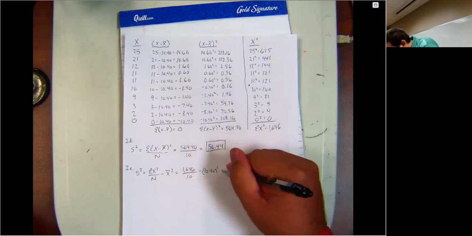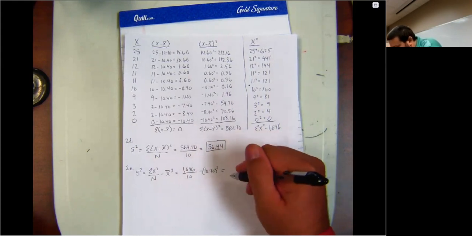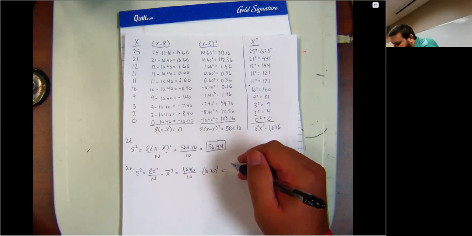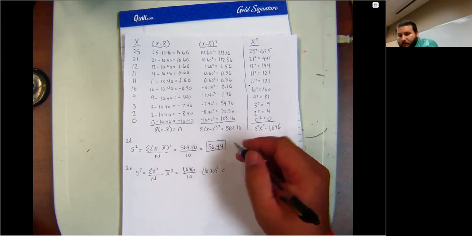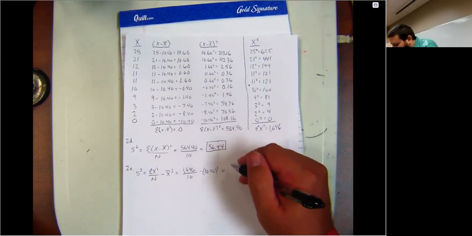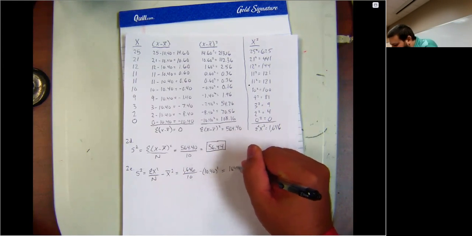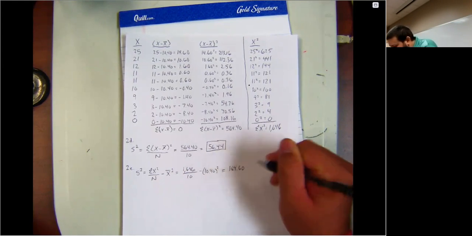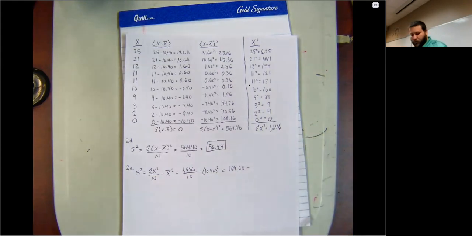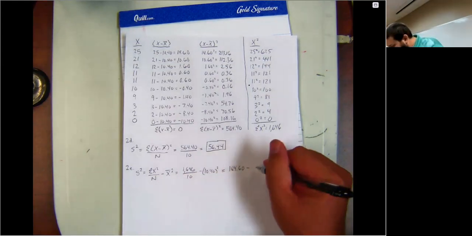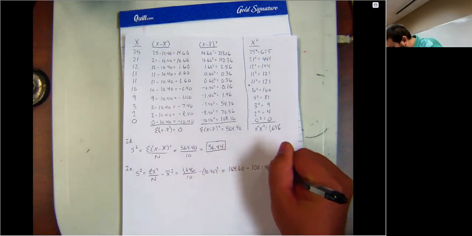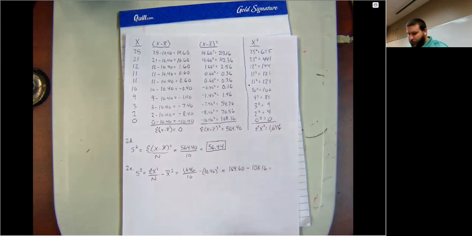This is going to be equal to 1,646 divided by 10, which is 164.6, minus 10.4 squared. 10.4 squared is 108.16. And the difference between 164.6 and 108.16 is 56.44.